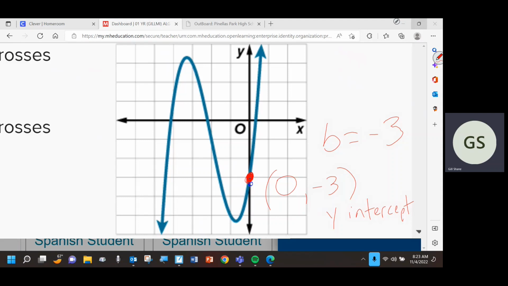What did I just do? Justin, what did I just do? The y-intercept. For the y-intercept, I just put a point where my line crossed the y-axis. So what do you think we're going to do for the x-intercept? Haley, what do I do for the x-intercept then?